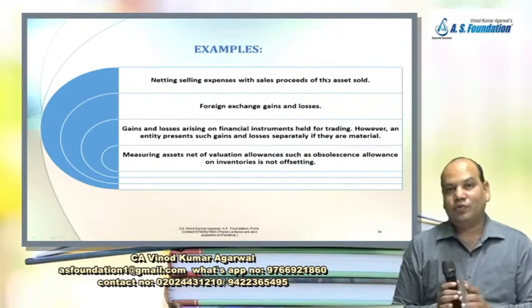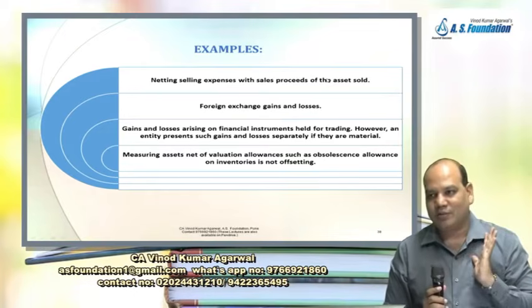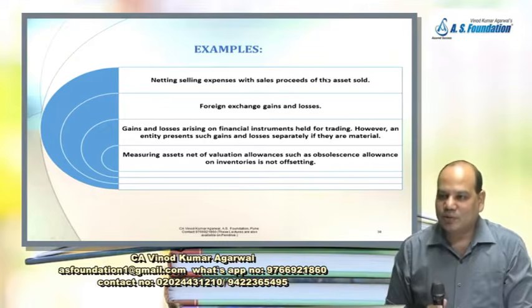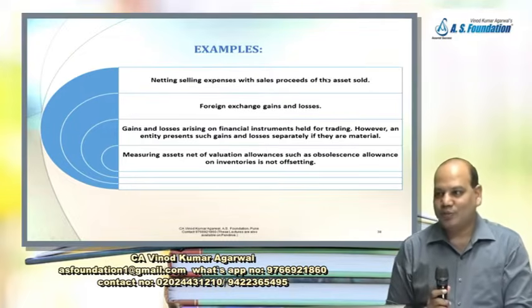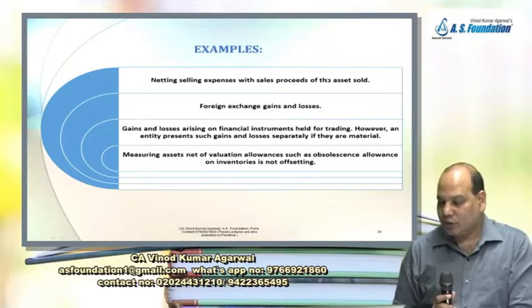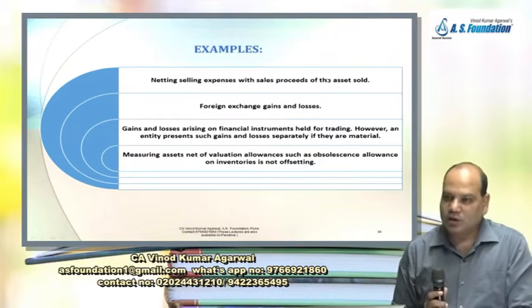But in case you sell normal inventory and you purchased that inventory, will you write only the net amount in the statement of profit and loss? No. There we write revenue from operations separately and cost of goods sold separately. Is it right? That is not set off. Sometimes we can set off foreign exchange gains and losses.